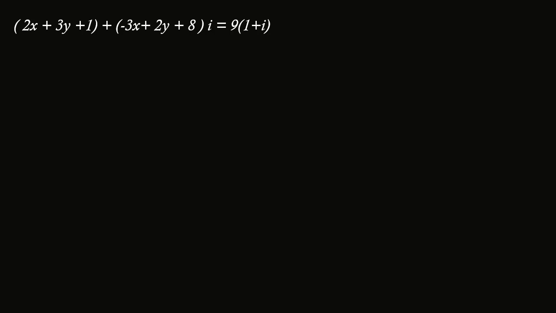Now multiply 9 inside the bracket. What we get? लेफ्ट हैंड साइड तो अब कुछ और सिंप्लीफाई नहीं होने वाला है. 2x प्लस 3y प्लस 1 प्लस माइनस 3x प्लस 2y प्लस 8 मल्टीप्लाई बाय i इज इक्वल टू 9 को अंदर मल्टीप्लाई करेंगे तो वी विल गेट 9 प्लस 9i.